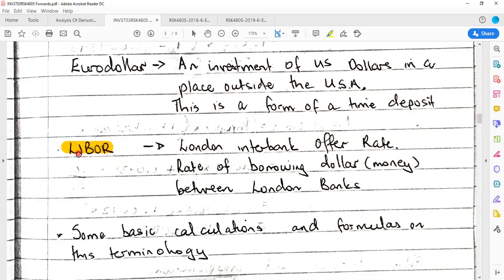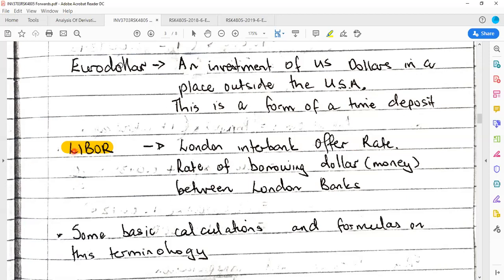We call it an interbank offer rate. It's the rate banks charge each other when they borrow or lend US dollars between each other outside of the United States. Or more easily, we could just say it's the rate at which banks borrow or lend money between each other. But in particular, it's US dollars, and these are London banks.